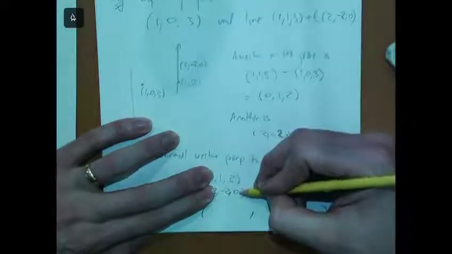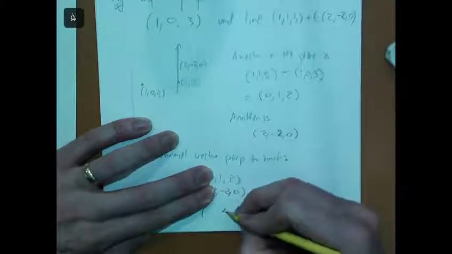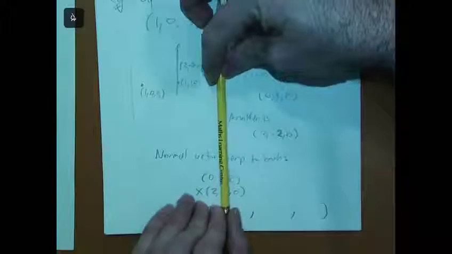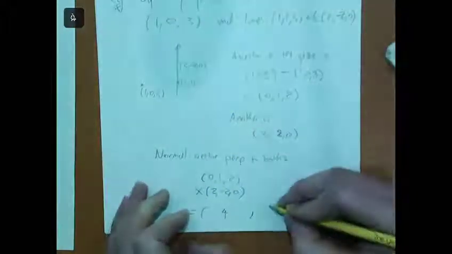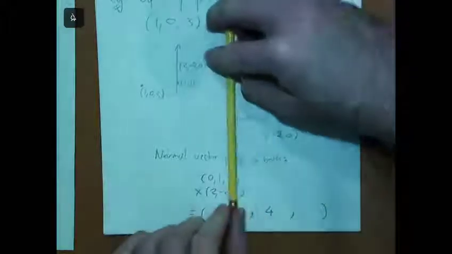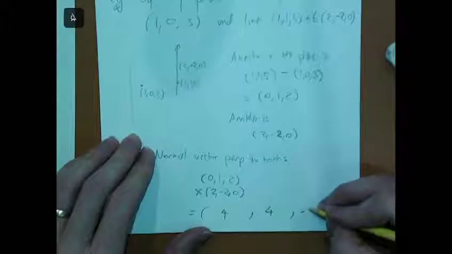So 1 times 0 minus 2 times minus 2 would be plus 4. 0 times 0 minus 4, but we have to negative it. And 0 minus 2. Alright. That's my cross product.